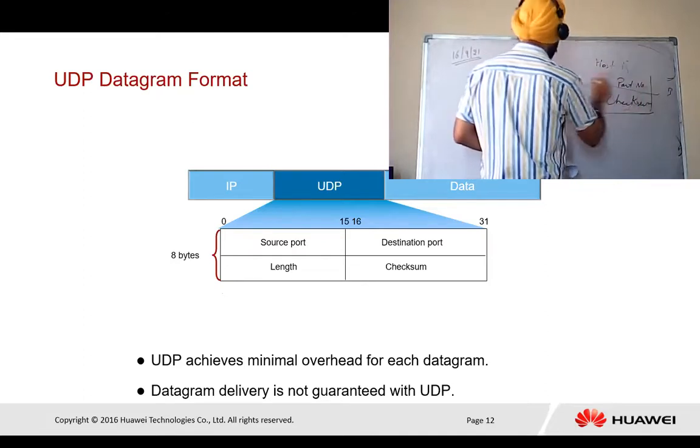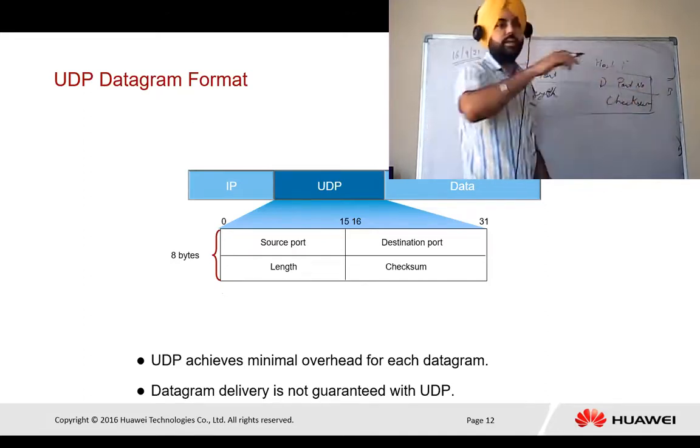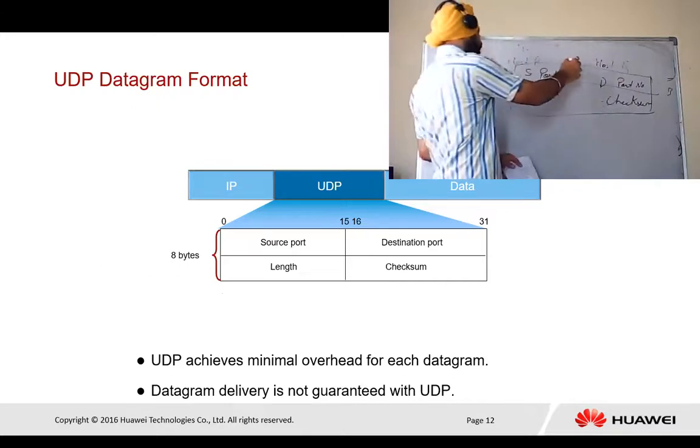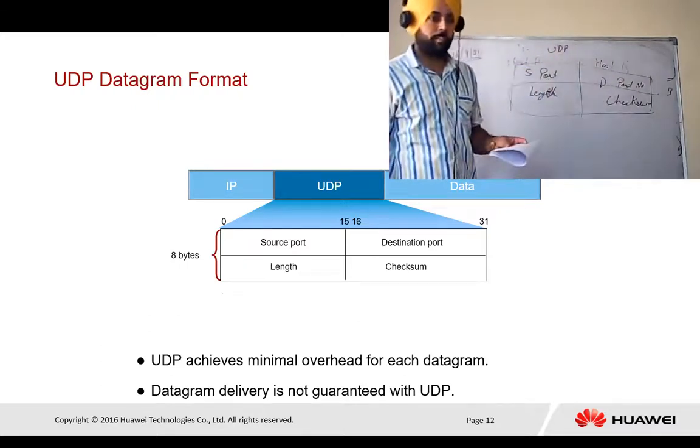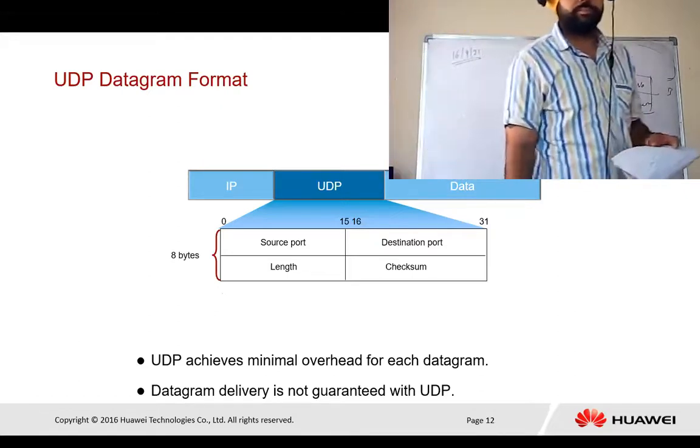So these are all the 4 fields under the UDP datagram protocol.